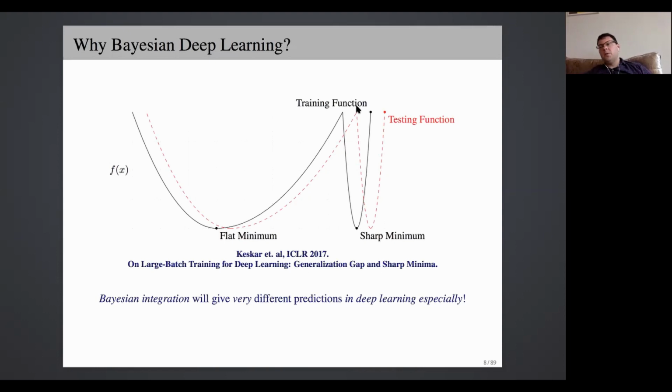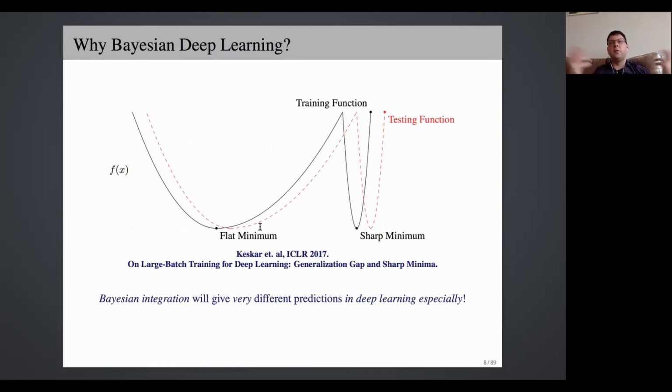Now, for this argument to really mean something, the different parameters within this flat region would have to give rise to different functions. So, for example, when we were considering that linear function, the different W0s and W1s gave rise to quite different types of solutions. And otherwise, the flatness might not mean so much.